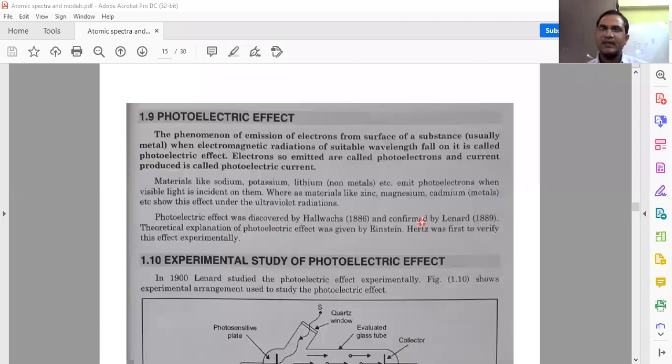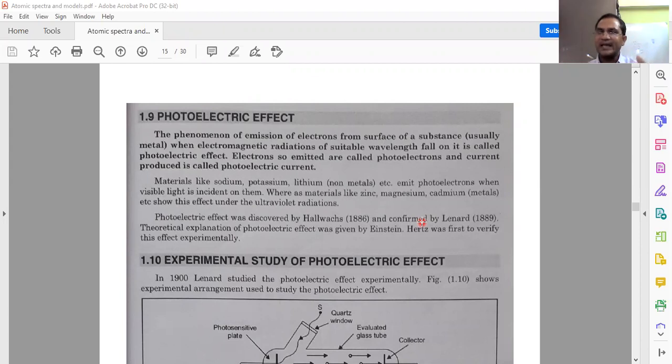But materials like zinc, magnesium, cadmium can show this photoelectric phenomenon with ultraviolet radiation only. If visible light is incident on zinc, magnesium or cadmium, you cannot observe the photoelectric effect. The electrons cannot be emitted out.